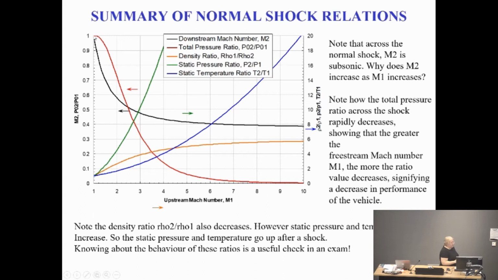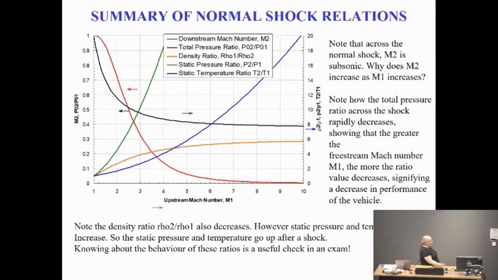The black line shows the Mach number after we've gone across this normal shock, this standing shock, one that's vertical in front of us. You notice the numbers are subsonic. So if you design something, a wing or an engine, that ends up with a standing shock wave on it or inside it, you've gone from supersonic to subsonic flow.